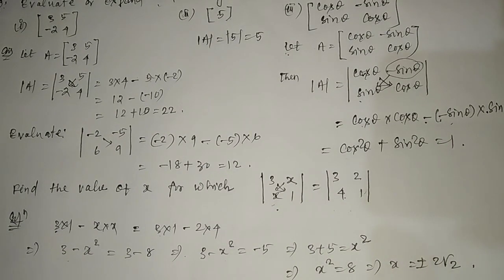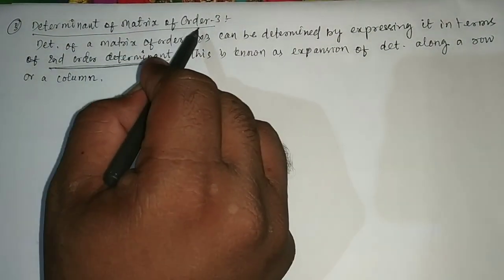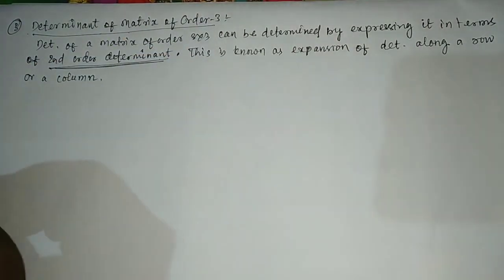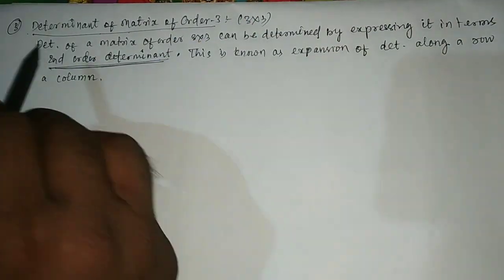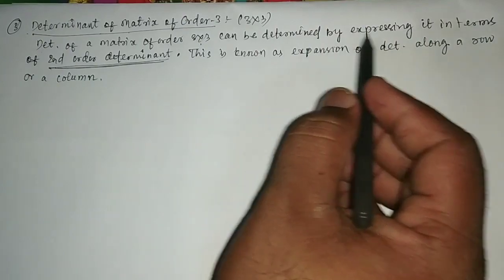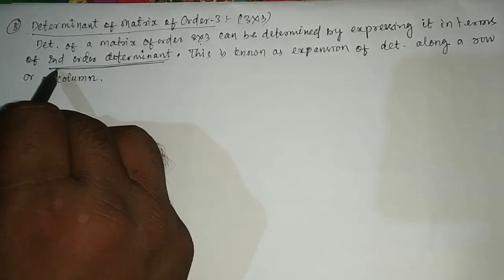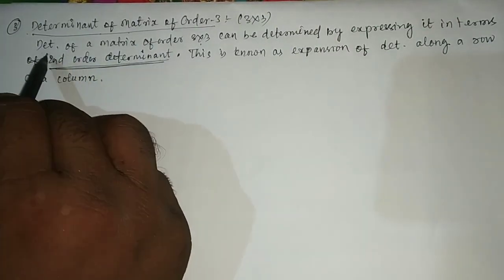Okay. Next one is determinant of a matrix of order 3. That means expansion of determinant of a matrix of order 3 cross 3. Determinant of a matrix of order 3 cross 3 can be determined by expressing it in terms of second order determinants, which we studied earlier.